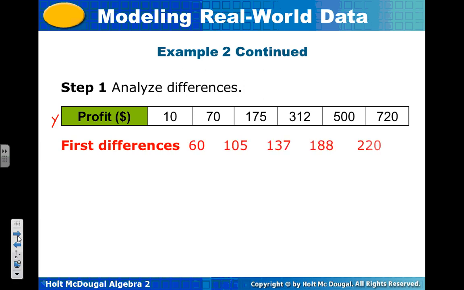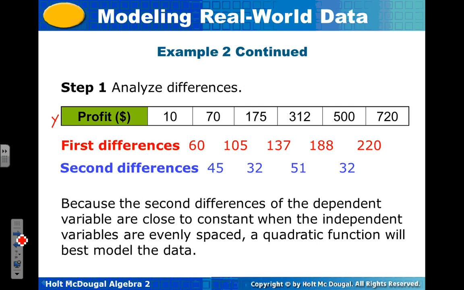And then when we go to the second differences, we get 45, 32, 51, 32. Now, these second differences are close. These two actually are identical. So because the second differences are close, when the independent variables are evenly spaced, a quadratic function will best model this data.